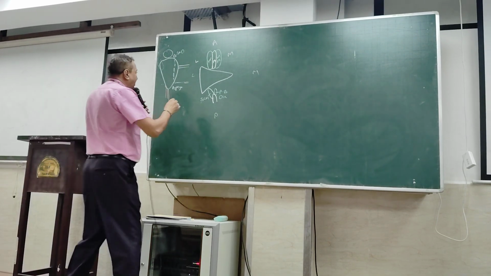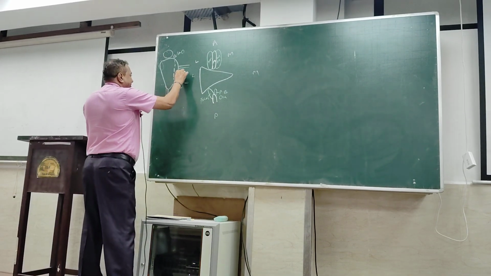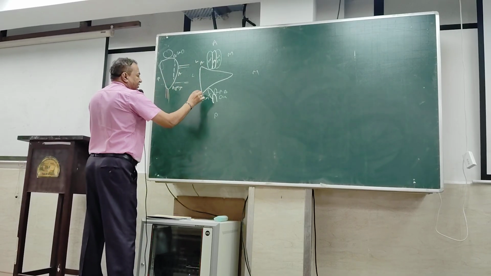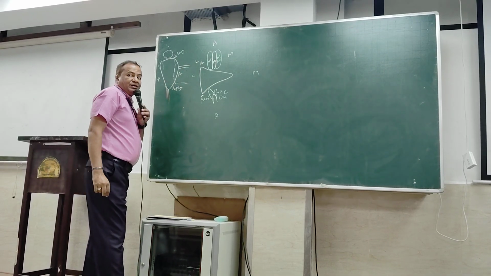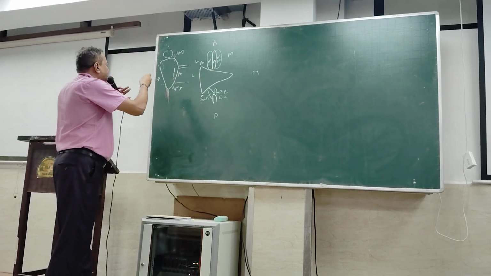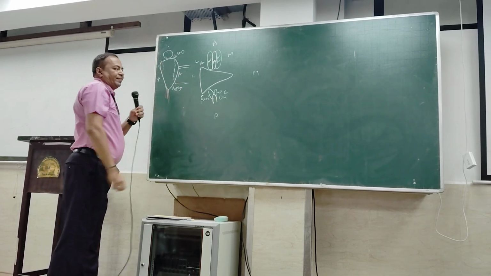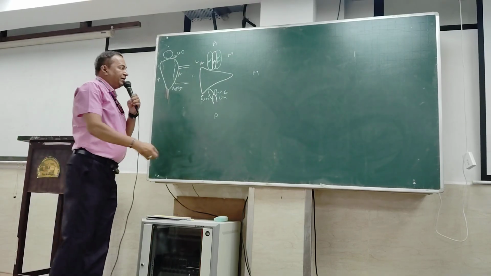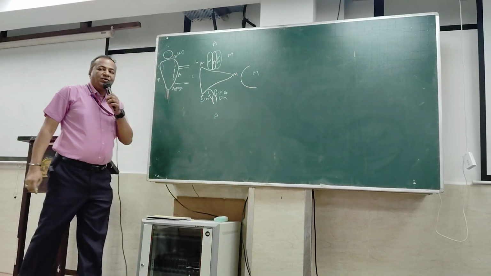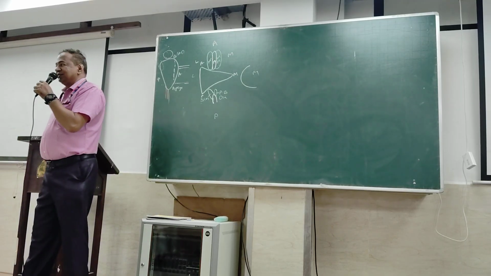So now we are in a position to identify its anterior border. This is anterior border. This is posterior border. One border which we could not see here because it was going in, and that border is medial border, which is related to the wall of pharynx.